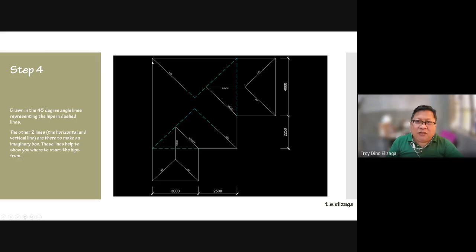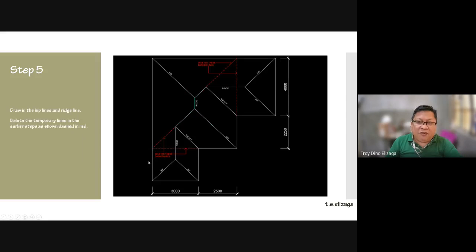So we think of this and that corner to be corners of one big rectangle, and then we make the 45-degree line also from these imaginary edges. The other two lines, the horizontal and vertical line, are drawn to make an imaginary box. These lines help to show you where to start the hip from.